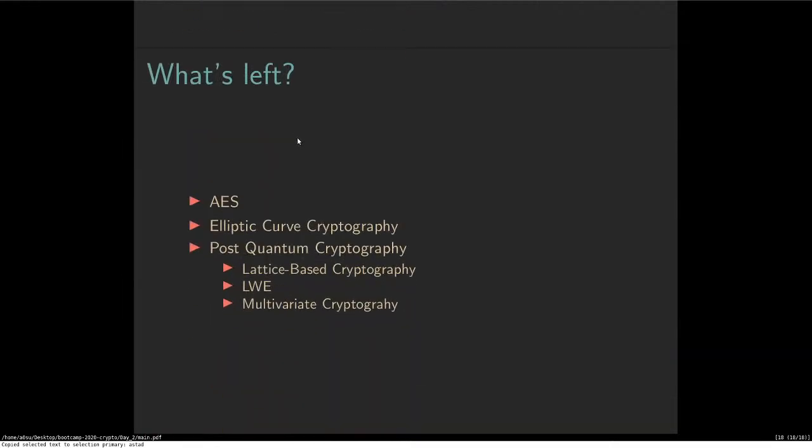So what's left in cryptography that we didn't touch on is stuff like AES. AES at the surface is somewhat similar to a one-time pad. They're both using the same key for encryption and decryption, but when you really break down AES, it's extremely different from a one-time pad.